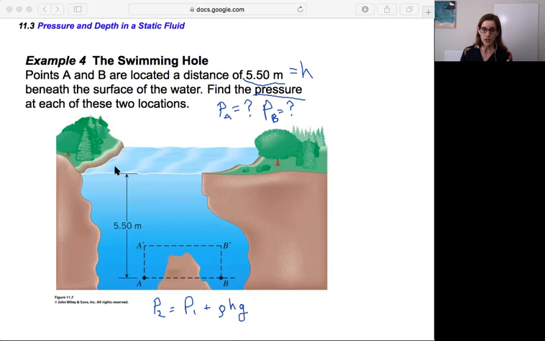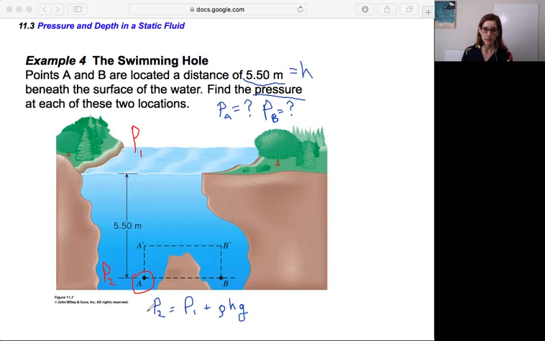Because this h is going to be relative to P1 must be at the top of that, and P2 is at the bottom of that height, or that depth. So P2, notice, is right at point A, so that's great. We can find the pressure at point A with this equation, solving for P2.